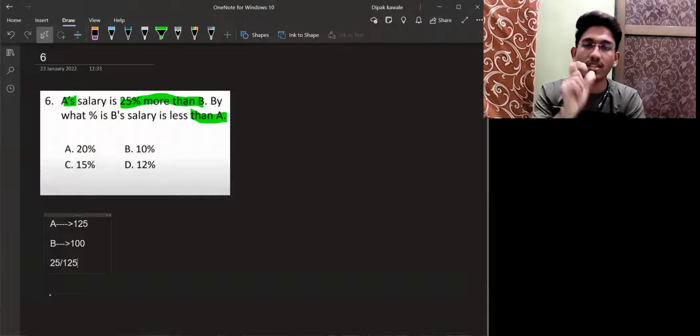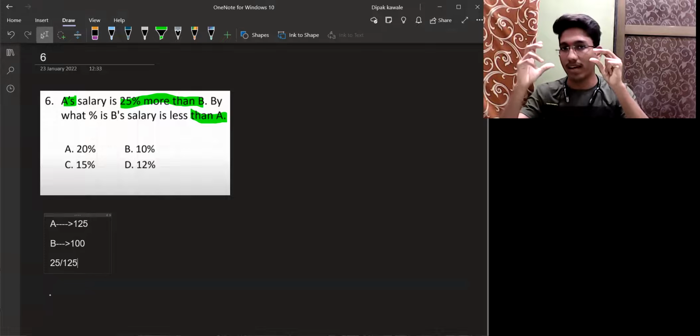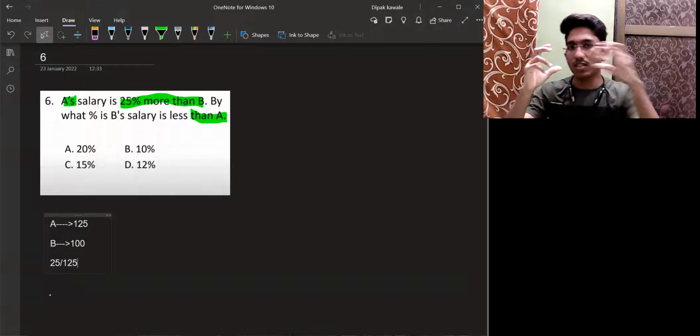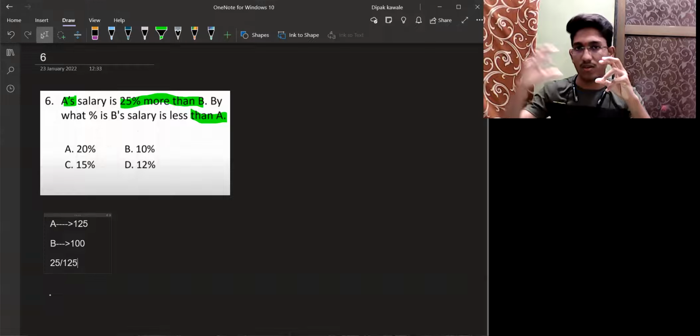In percentage, I have already told you, if you want to find the percentage of any constituent element, then that constituent element, in this question 25, is compared with that 125. What percentage is 25 of 125, meaning how much of it is its contribution.